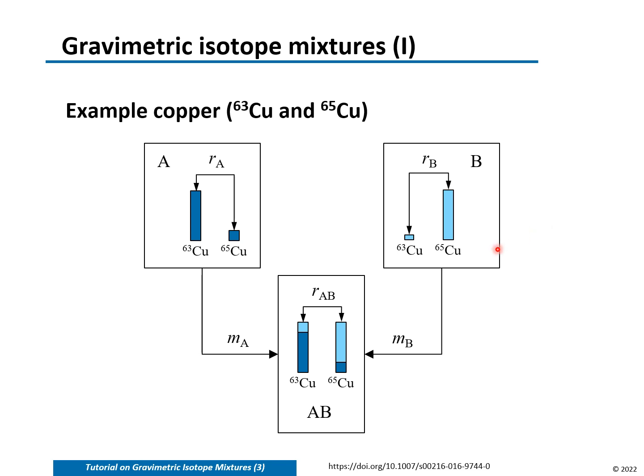Now you mix certain amounts of A and B using a balance so that you know the masses MA and MB. After properly equilibrating the resulting mixture, the only thing you have to do is to measure the signal intensity ratios in A, in B, and in the mixture AB.